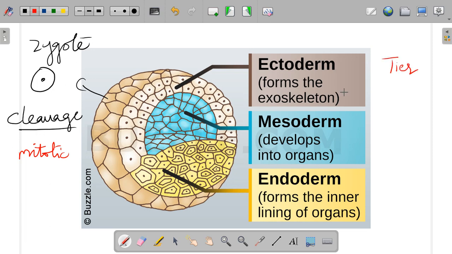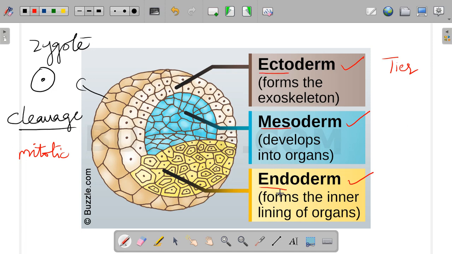Many cells occupy the outermost part, called the ectoderm, the middle part of the embryo has mesoderm, and the innermost part we can call endoderm. Like I said, ecto, meso, endoderm represent the outer, middle and innermost parts.